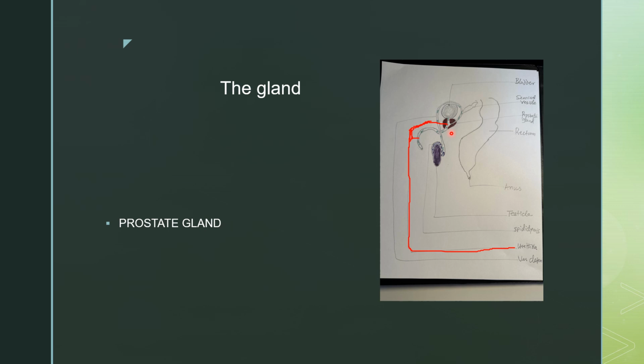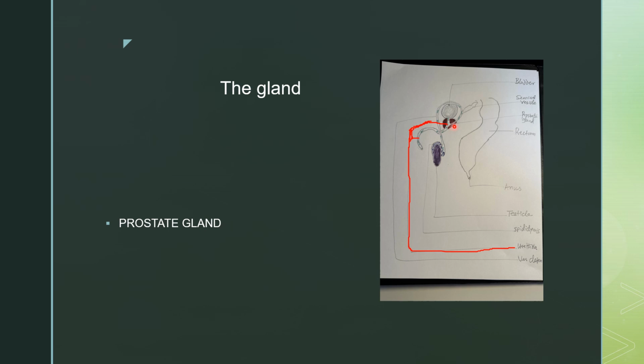When that happens, the PSA level will be raised as well, just as it is when there's benign enlargement. Benign means you don't need to run around; it's not likely going to kill you. That is benign prostatic hyperplasia. And then another problem, which we're addressing today, is prostatic carcinoma, which can occur right here in the prostate gland.